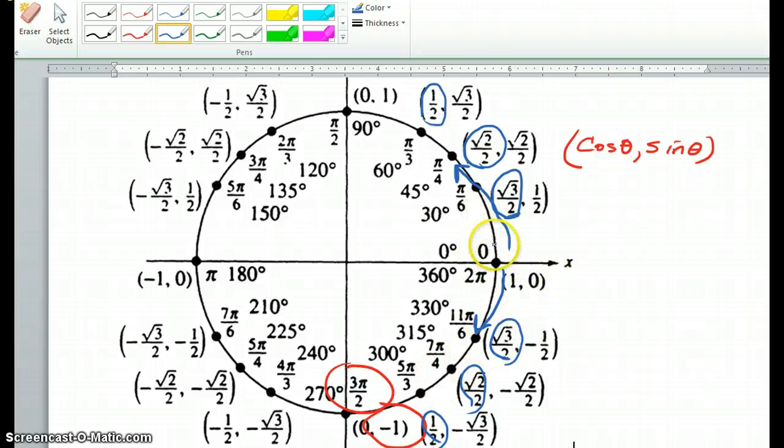So this would be positive 30 degrees and this would be negative 30 degrees, or it would be positive 330 degrees if you're going around the circle. So it depends on how you're going around the circle. If you're going around the circle like this, all the degrees are positive, and your answer here would be positive 330. If you are going around the other way, then all of your angles are negative, but they wouldn't be those same values.